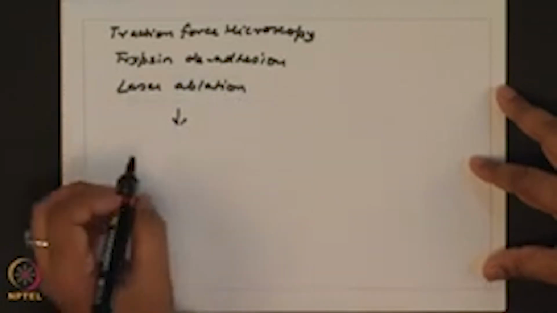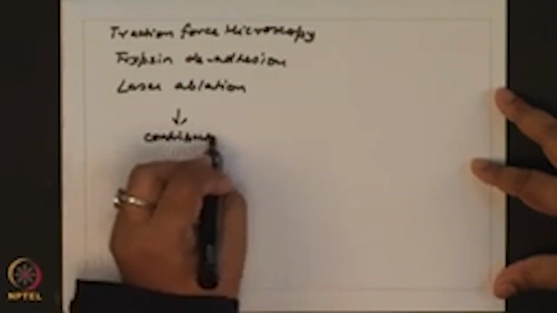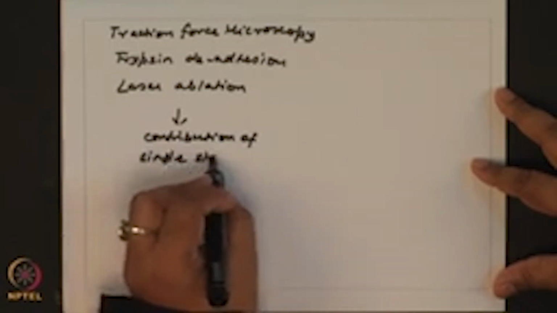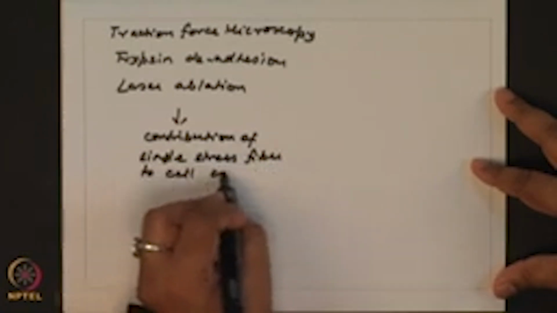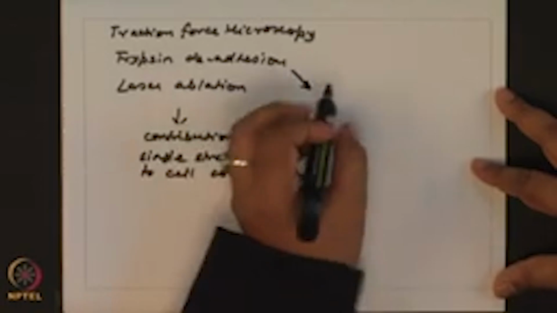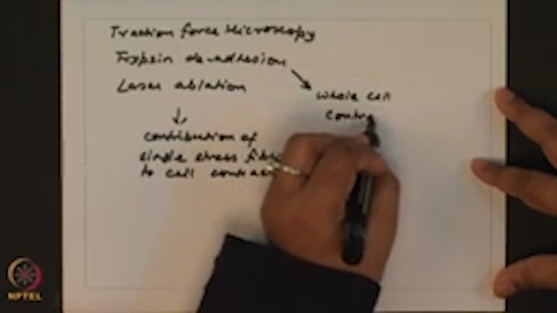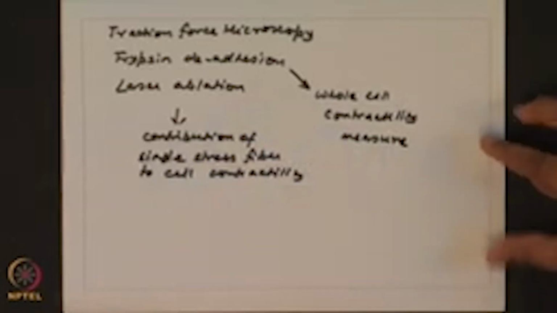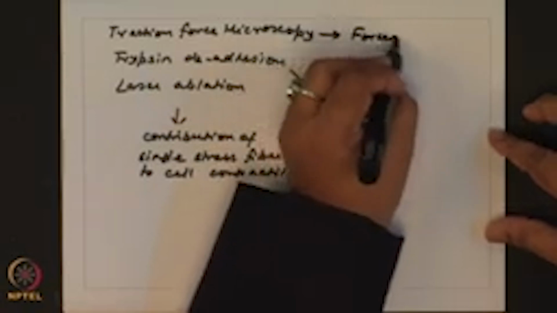While laser ablation gives us information about the contribution of a single stress fiber to cell contractility, trypsin deadhesion gives us a whole cell contractility measure. And traction force microscopy measures forces exerted by cells.